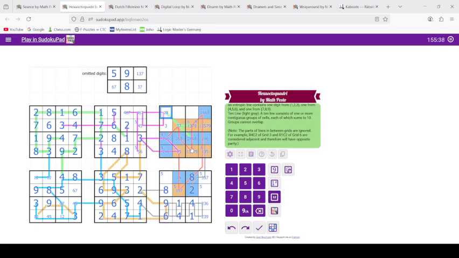If it were 8, then this would be 7, 6, or 5. I do not see it.